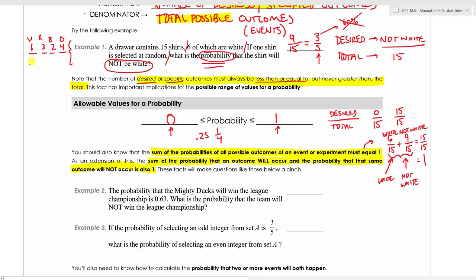Somebody who's really into Halloween, I guess. If we add up the probabilities that all of those will happen, again, we will get 15 out of 15, which equals 1. So if these are our 4 possible outcomes, white, red, blue, orange, when we add all of those up, we must get a value of 1.